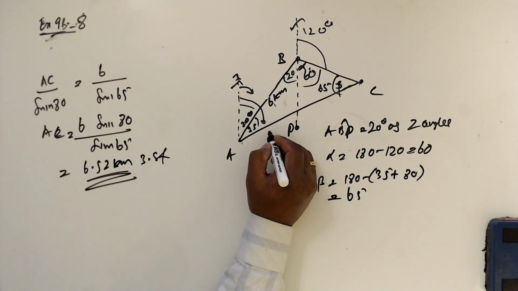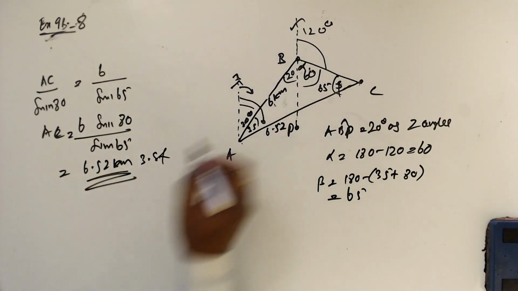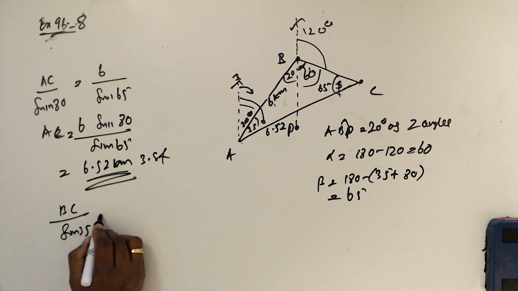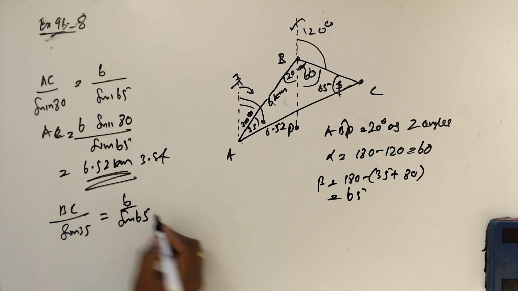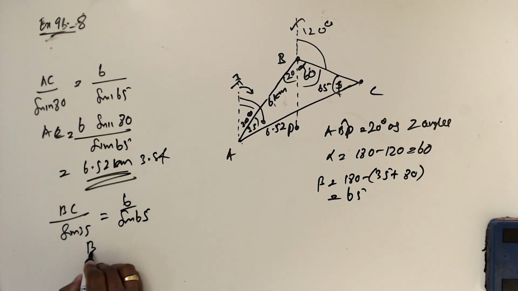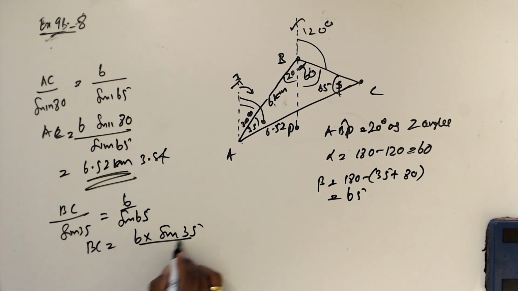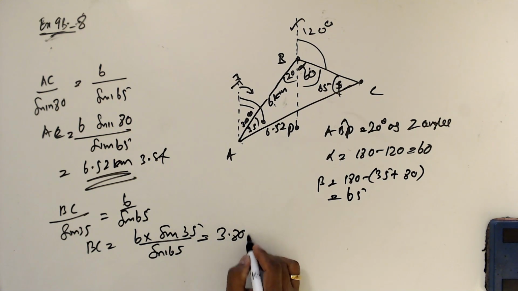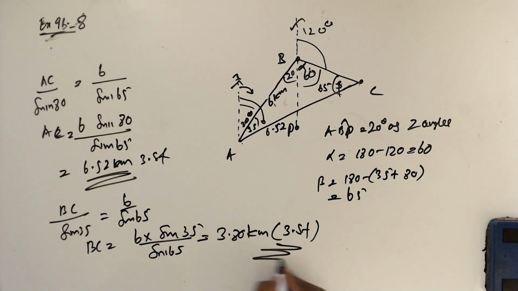So this is 6.52. Now same as we can work out BC. BC over sine 35 equals 6 over sine 65. So BC equals 6 times sine 35 over sine 65. This is going to be 3.80 kilometers to 3 SF.